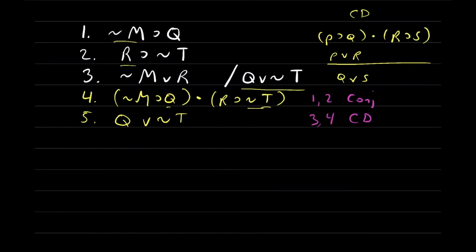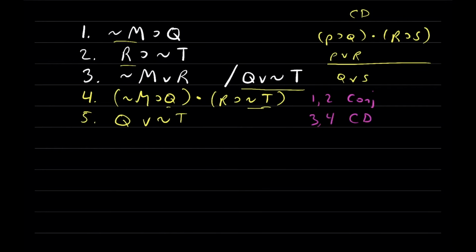If it's not clear why this is working, have your textbook open or reverse the video and go back and look at the form for constructive dilemma. Compare statements 3, 4, and 5 here with the form for constructive dilemma, and you should be able to pretty easily see why this rule works in this context. Okay, so this is a pretty typical example of the kind of mechanics you have to do within a proof to be able to set up a constructive dilemma.